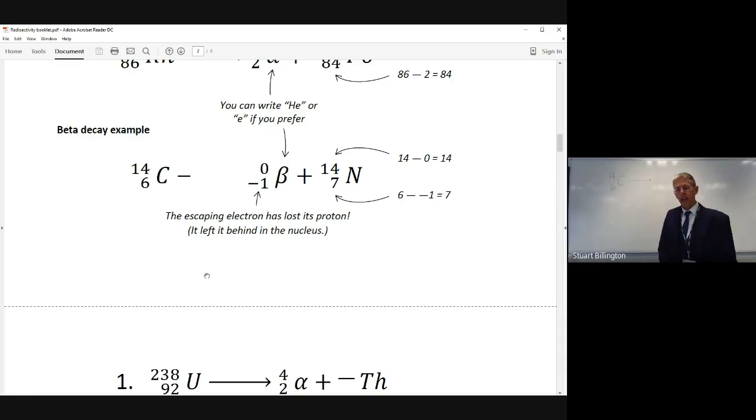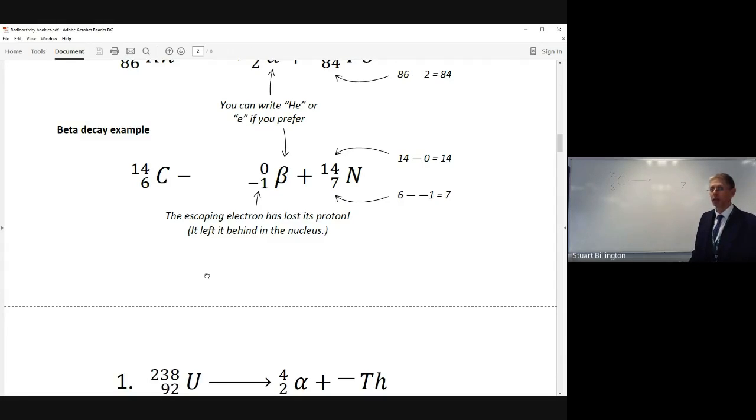And what's going to happen is that one of those neutrons is going to turn into a proton. So we used to have 6 protons, but we're about to get another one. So we're actually going to end up with 7 protons because a neutron has turned into a proton.